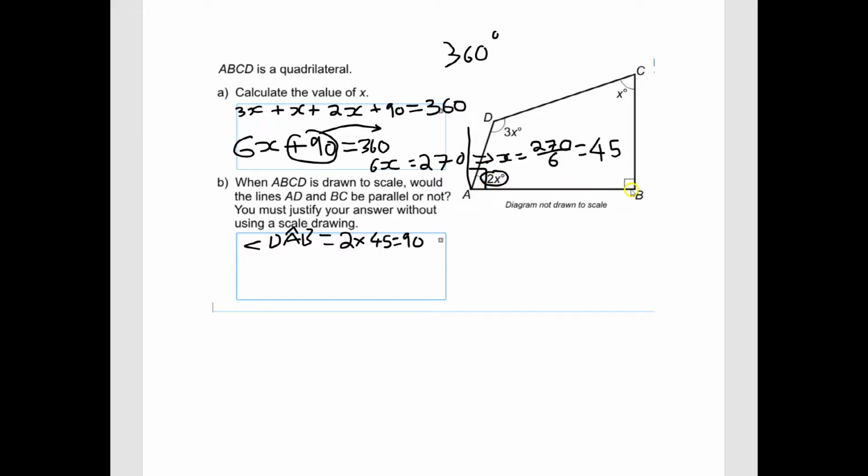And that means it would be in the same direction as BC. So I'm going to say, therefore, angle DAB is going to be the same as the angle ABC. Therefore, they are parallel. So therefore, AD is indeed parallel to BC.